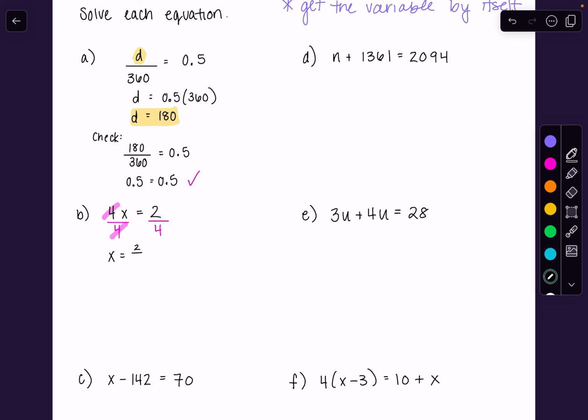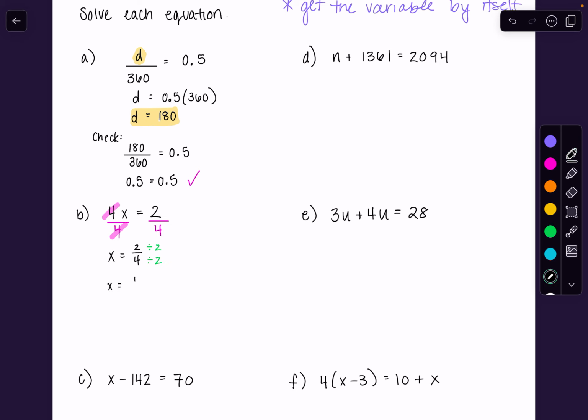And on the right-hand side, we have 2 divided by 4. Now, if your directions don't say to put it in simplest form, this is a perfectly fine answer. But since both of these are even numbers, remember we can reduce this fraction, take top and bottom and divide it by 2.